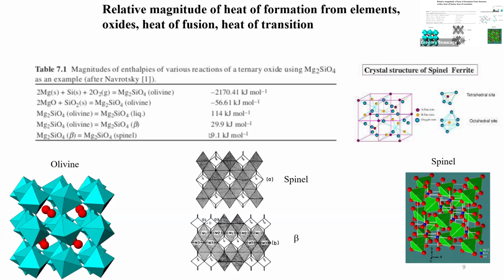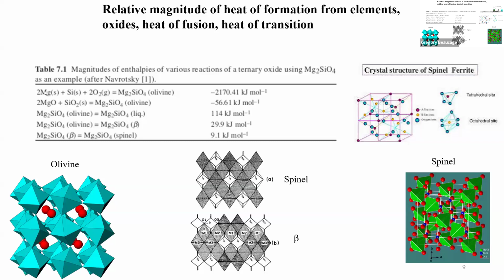Basically, going from beta to spinel is only 9.1 kilojoules per mole, and olivine to beta is 29. Olivine to liquid is a little bit larger, but they're all kind of similar energies.